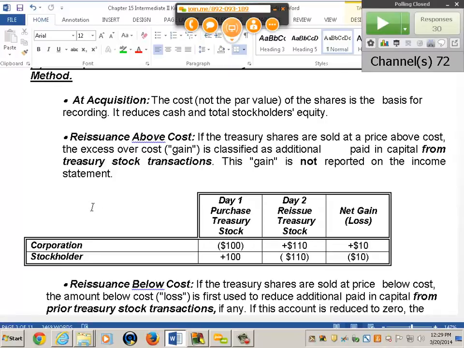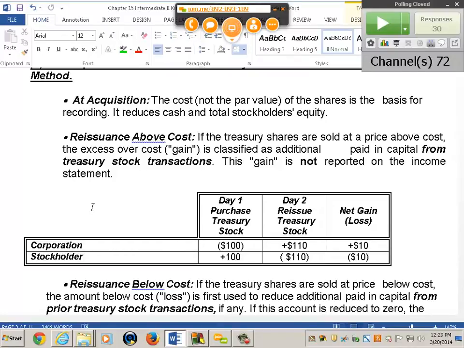Let me just show you why the gain and loss on a capital transaction is not income. It doesn't go into income. Let's take a look at a very hypothetical situation where there's a corporation with one shareholder. The corporation issues one share of stock. You hold that stock. On day one, you sell it back.